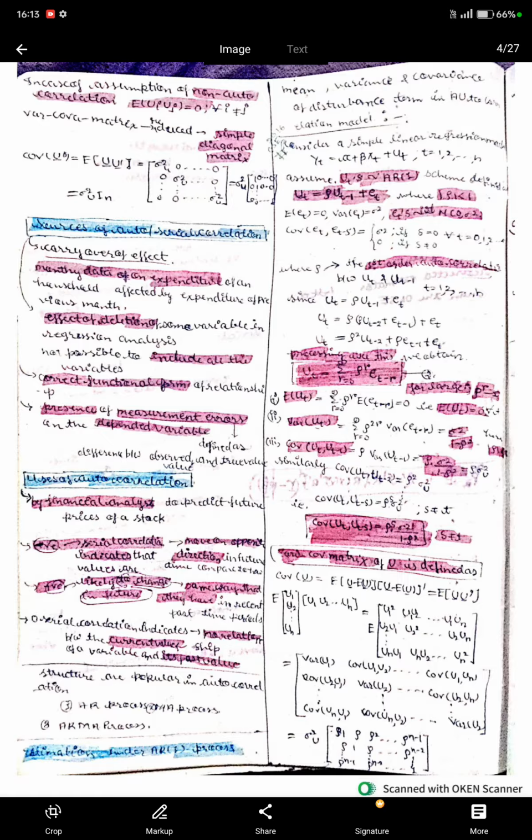Consider the estimation model, the autocorrelation model. Consider a simple linear regression model yt equals alpha plus beta xt plus ut, where t takes values 1, 2 and so on to n. Assume ut follows the AR1 scheme defined as ut equals rho ut minus 1 plus et, where mod rho is less than 1.